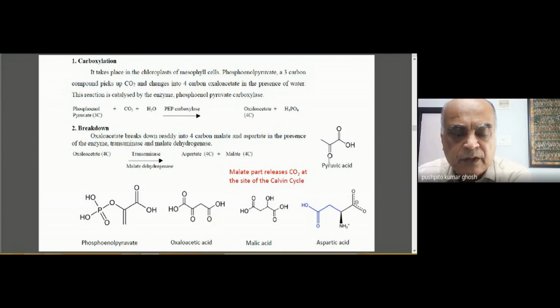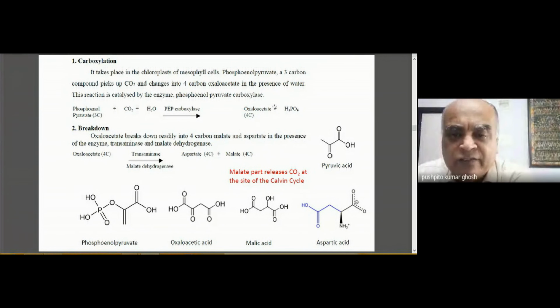Now that reacts with carbon dioxide and with water in the presence of an enzyme which is known as phosphoenol pyruvate carboxylase. It's an enzyme. The 3 carbon becomes a 4 carbon entity, and that is oxaloacetate.